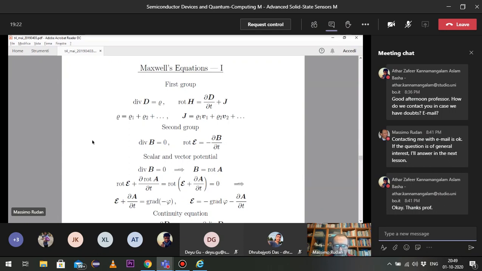Then you rearrange the expression and find that the electric field is equal to minus the gradient of phi minus the time derivative of A. In conclusion, we have two equations, one expressing B as the rotational of A, and the other one expressing E as minus gradient of phi minus time derivative of A, in which the two fields B and E, that is a total of 6 scalar functions, are actually expressed in terms of 4 scalar functions, because in order to define A, that is a vector, you need 3 scalar functions, and then you have phi, that is another scalar function.